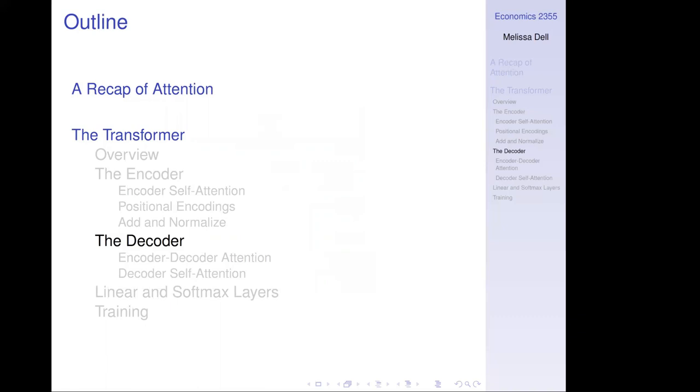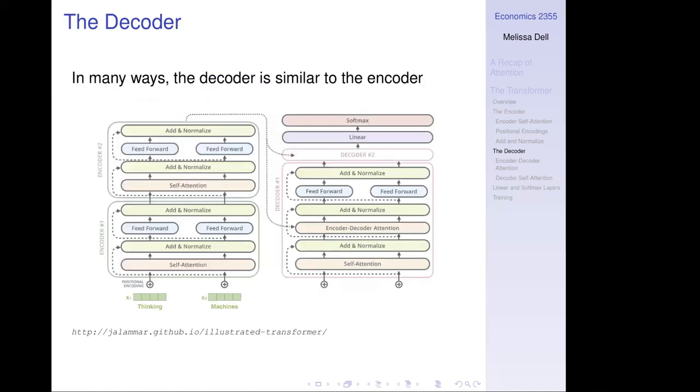So now I'm going to move on to talking about the decoder blocks. If you've understood the encoder blocks, you're almost there with the decoder blocks, but there's just a couple of things that need to be noted. This is showing the architecture, and you have your decoder there on the right.